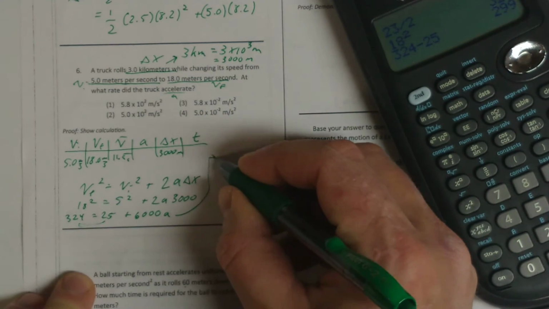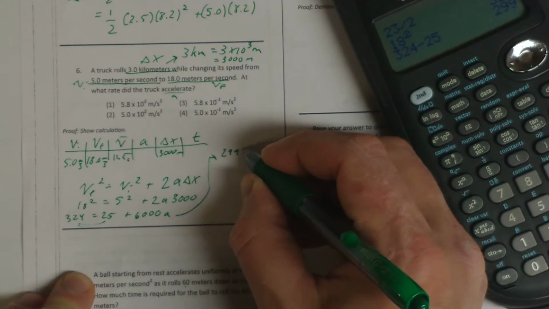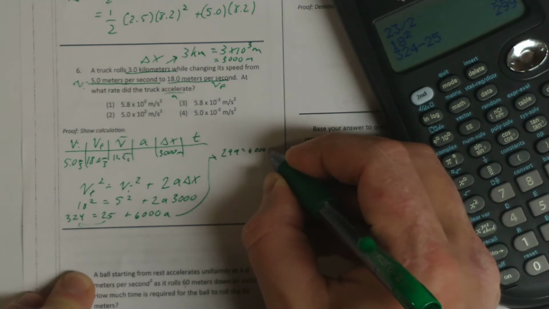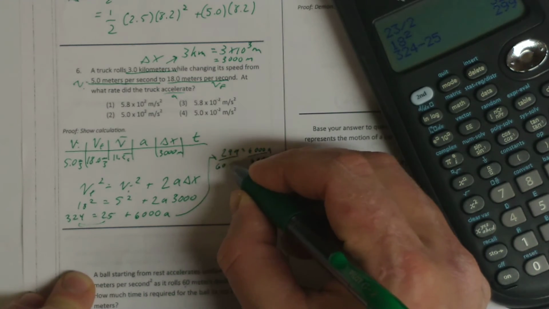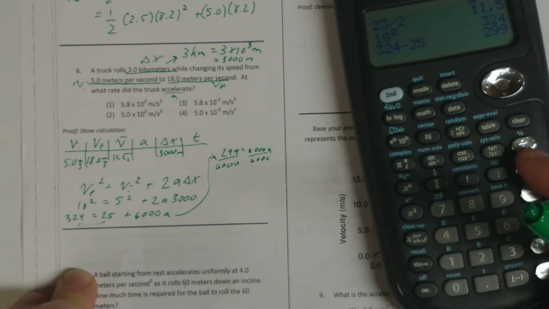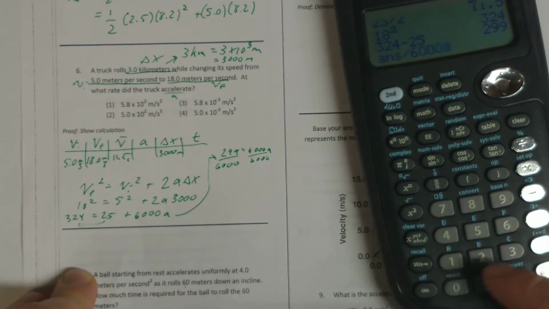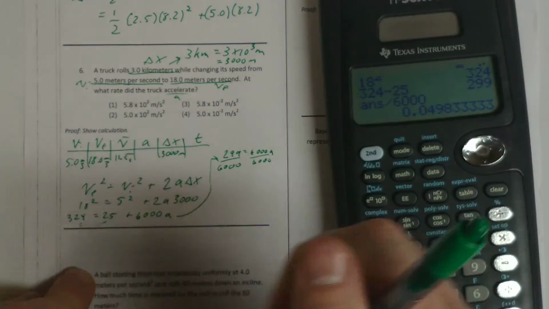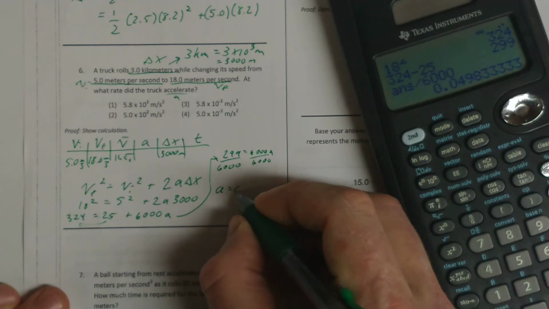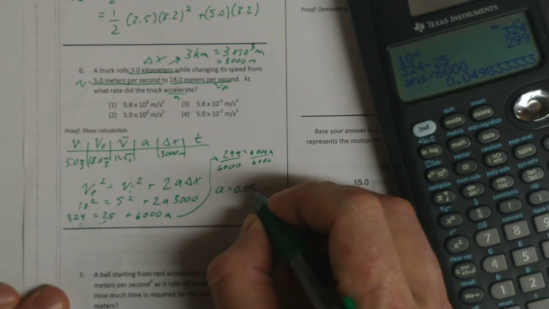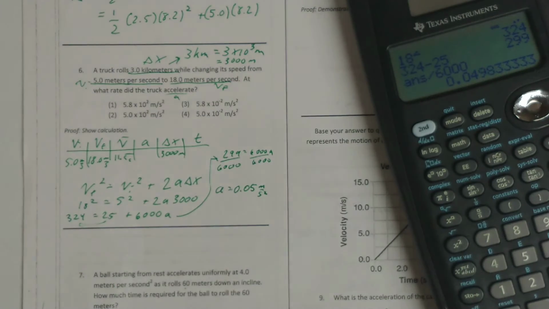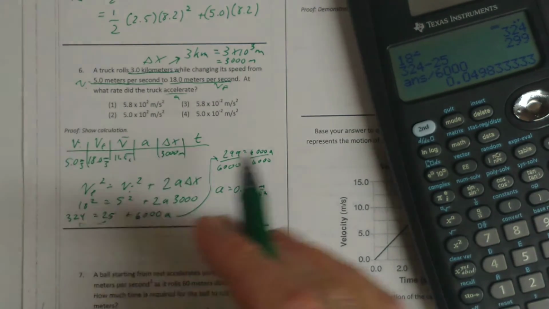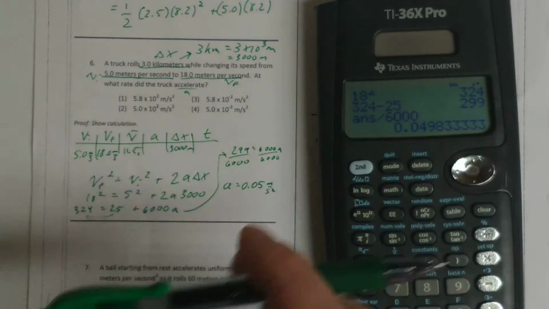So I'll bring this up here. 299 equals 6,000a. So I divide both sides by 6,000. And I've got a equals 0.05 meters per second squared. And of course, they can't just give me the answer in decimal, right?